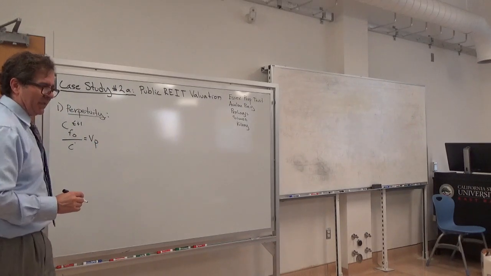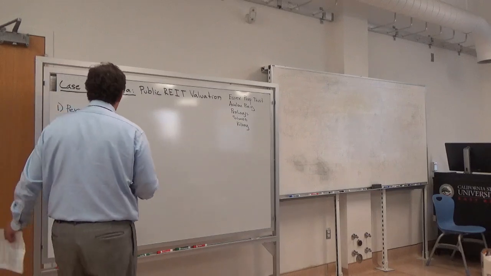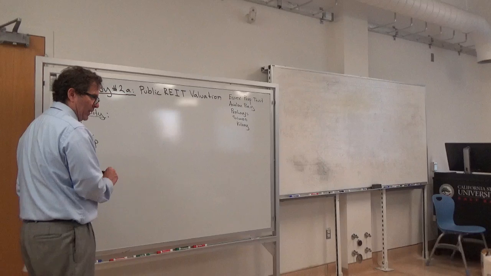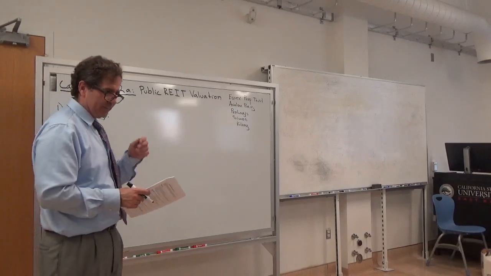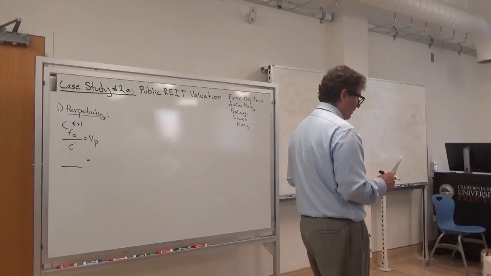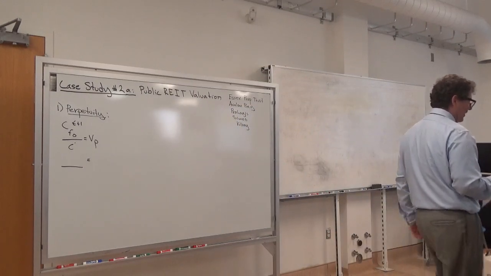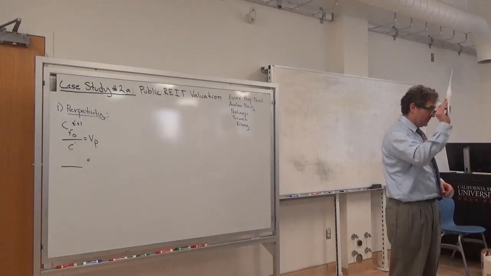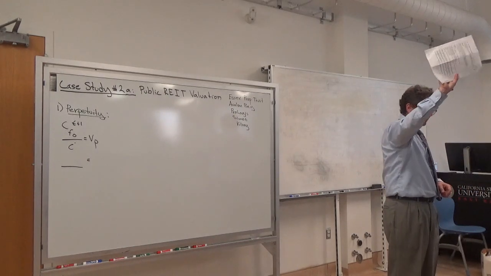Okay, so what cash flow are we going to use for this? What cash flow are we using? I'm just going to, this drives my students crazy. What cash flow are we using? It's all right here.